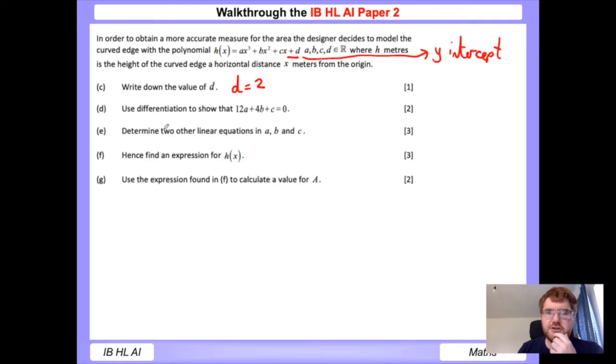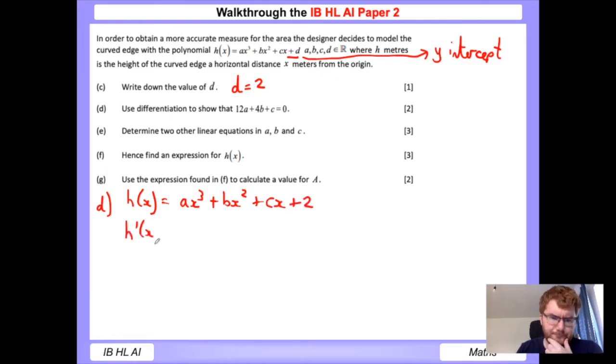And now we need to use differentiation to show that 12a plus 4b plus c is equal to 0. So we've got our function h of x. Let's write this out. So ax cubed, plus 2. Now actually the number's going to make no difference when we differentiate this, but let me pop it in anyway. So we're going to differentiate this.